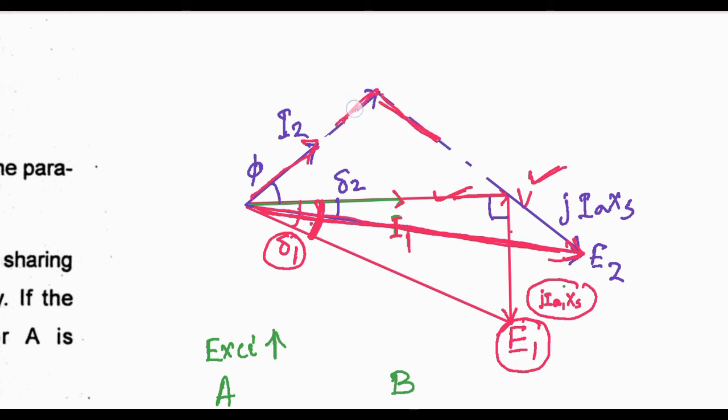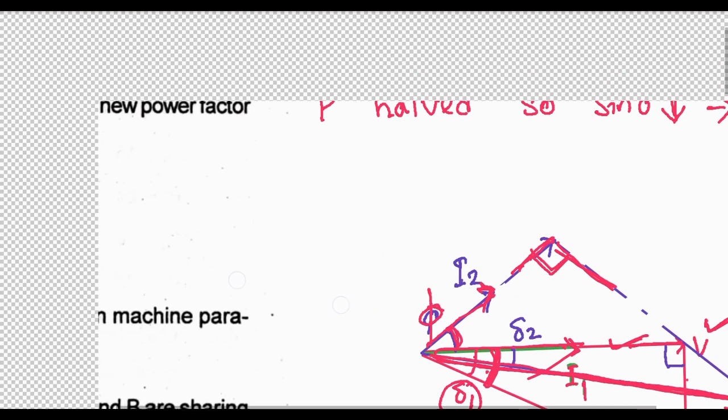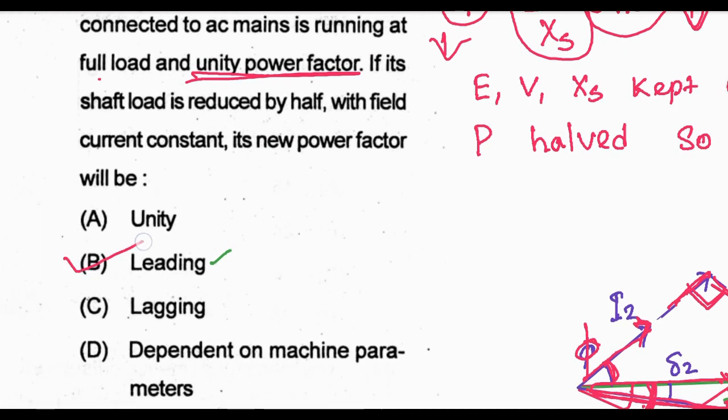And phi: this one was in phase when it was unity power factor, now this one is leading, phi is positive.